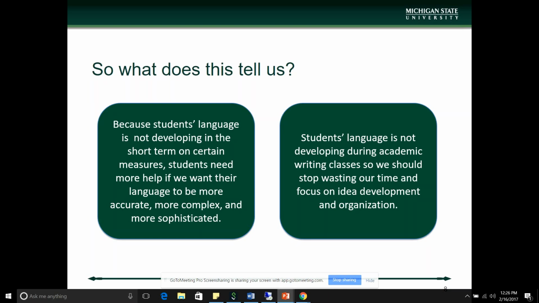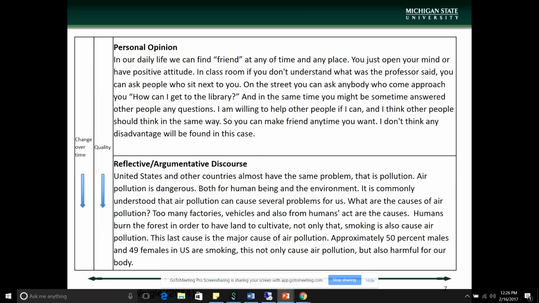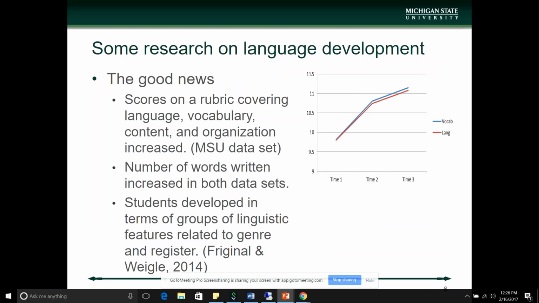Well, again, if I go back, this study by Frigolo and Weigel, I really highly recommend reading this study, because in this case they're not looking at content or organization, they're looking at language. They really are, and yet they did find this change, which is really fascinating. They also improved: when we used a rubric, their content score went up, their organization score went up, their vocabulary score went up, their language score went up.